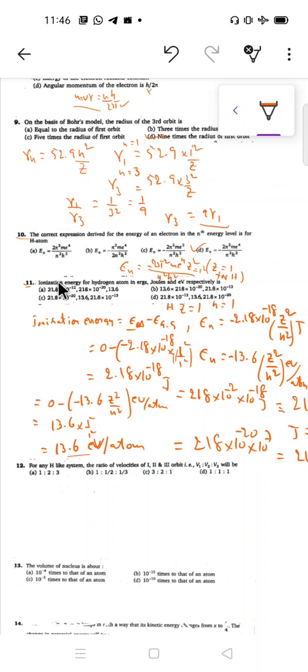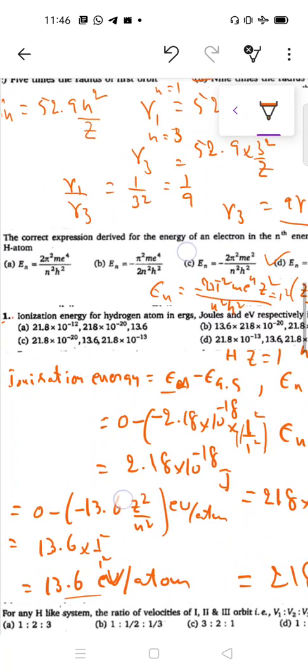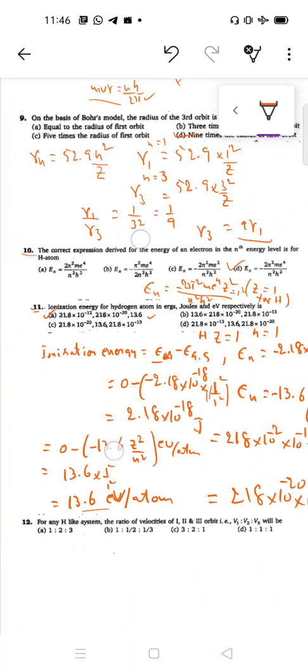Let us look into the answers. Option A is the correct answer, in ergs, in joules, in electron volts. So these are the correct values.